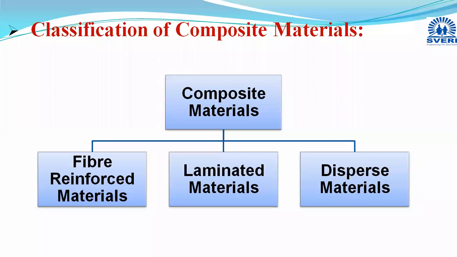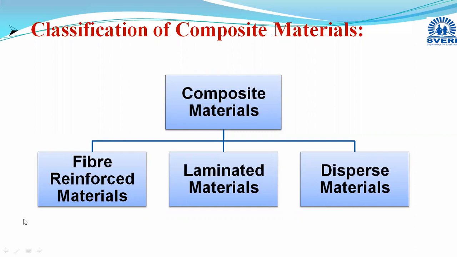The first type is fiber reinforced composite materials. The second type is laminated composite materials. The third type is dispersed composite materials, also known as particulate composite materials.